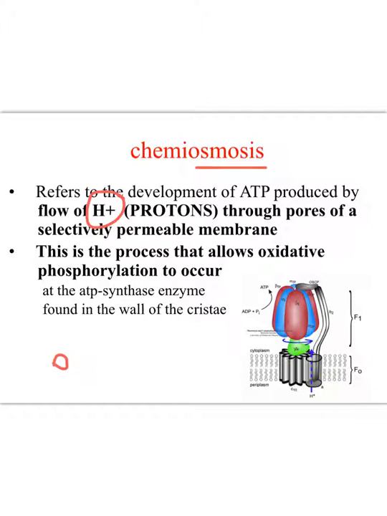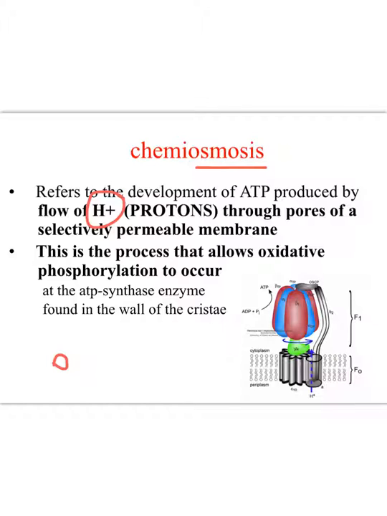So what's happening here, the energy that's being carried from the Krebs cycle and the NADH and the FADH2 is going to be used to forcibly, actively pump protons through that inner membrane of the mitochondria, and it's going to set up a gradient.